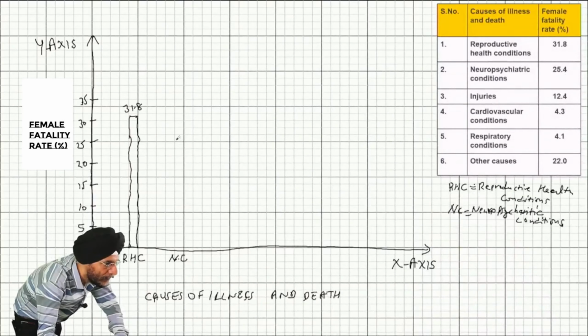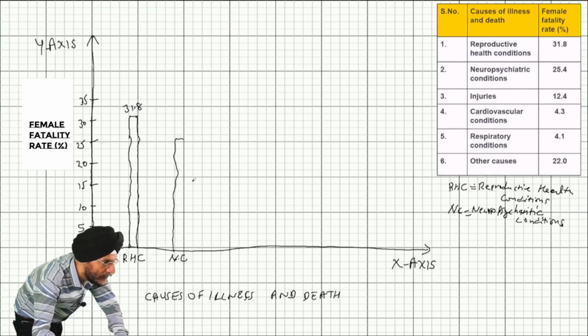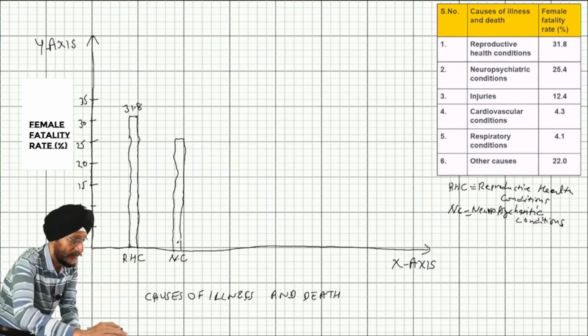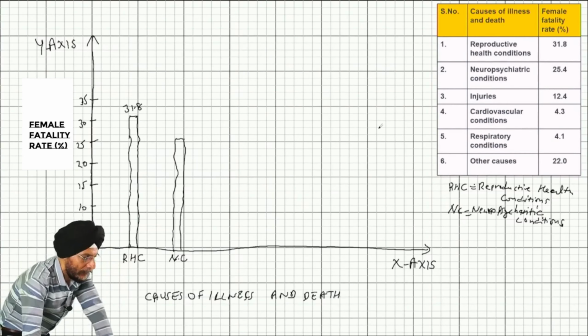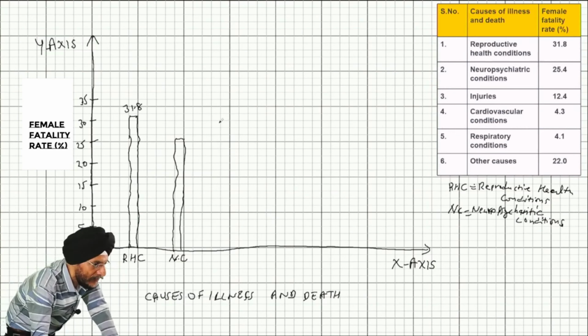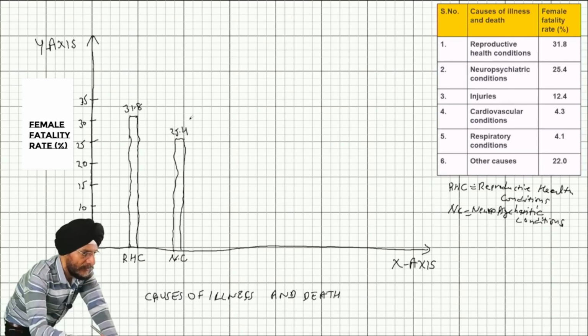25.4. In the exam, you can change the mark sheet on which you are writing the answer sheet accordingly. But here we cannot change. That is why we are not able to draw the lines in a straight line.